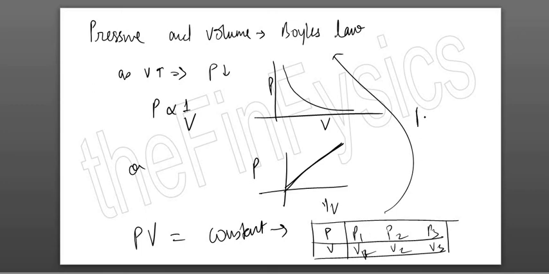Then what you do, you multiply P1 with V1, P2 with V2, and P3 with V3. If the values are coming out to be the same, it means it is obeying Boyle's law. Okay, this will come in the exam for around 2 marks. Are we clear? Then based on the same, you will have numericals, where you will have to use this formula, P1V1 equals P2V2, for around 2 marks.